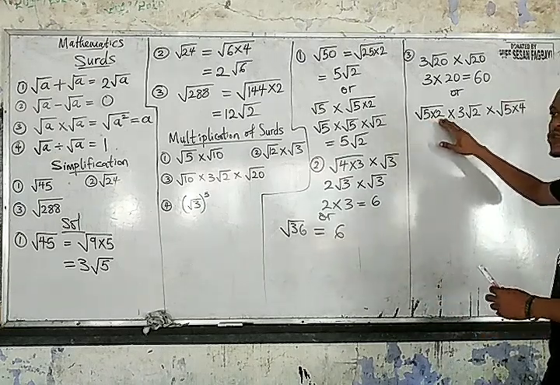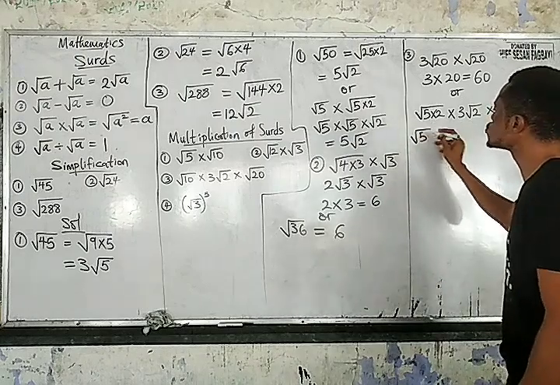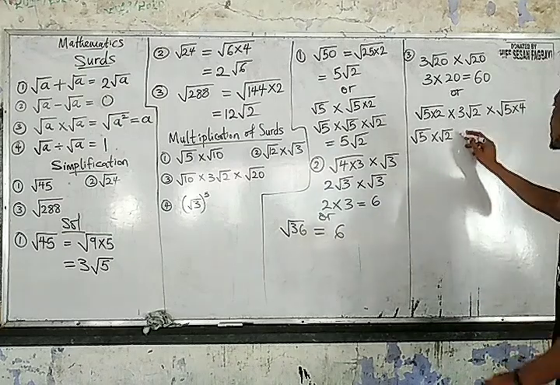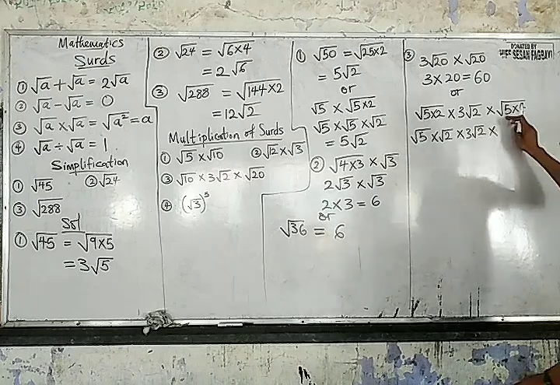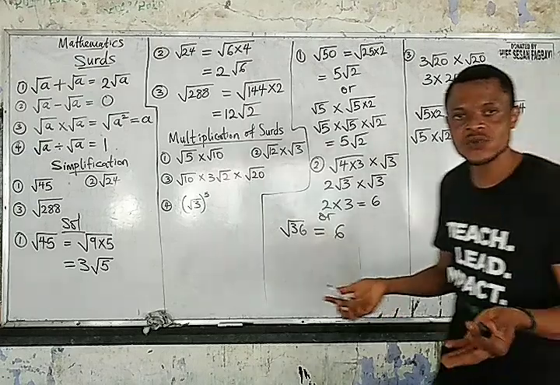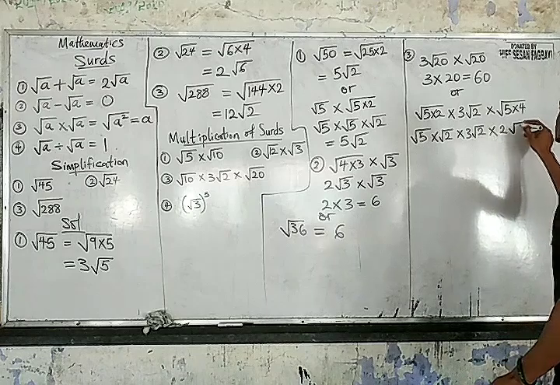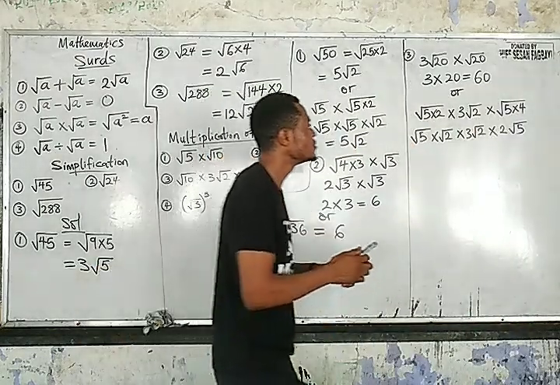Root 5 and root 2, we cannot do anything to that. We can break it down as root 5 multiplied by root 2. Then we have 3 root 2, and root 4 is a perfect square, which will result in 2 root 5. Now we can carry out the multiplication.